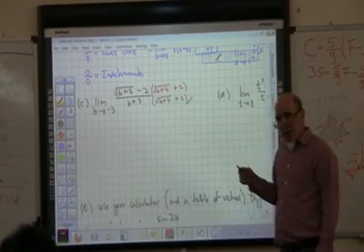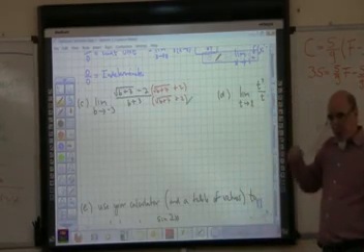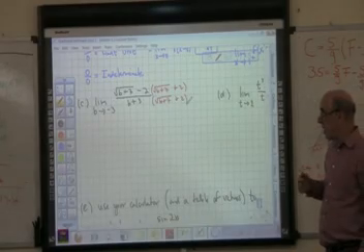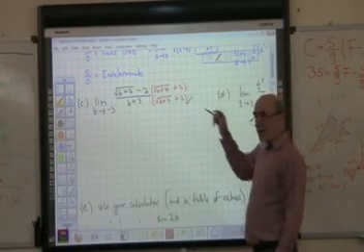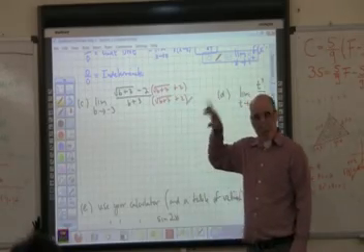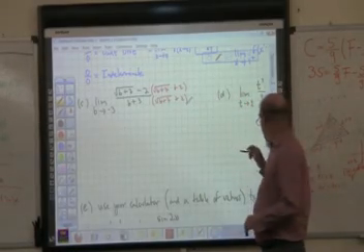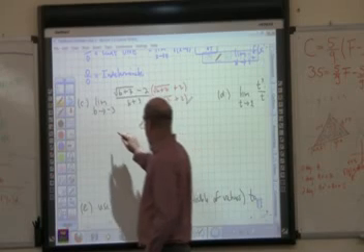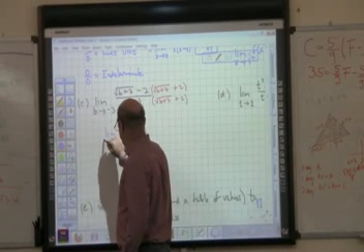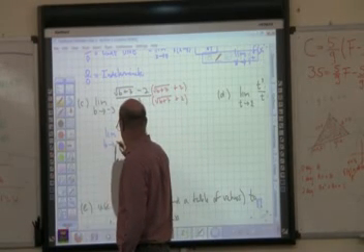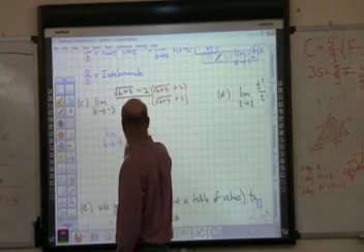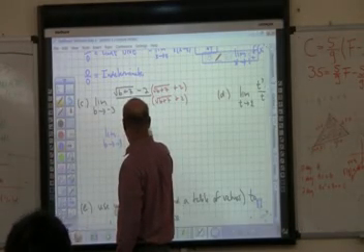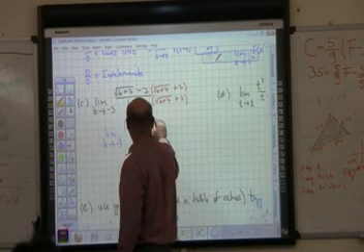If I get something over 0, some non-zero over 0, I'm done. But I got 0 over 0. So I get this a minus b times a plus b. So my numerator, I'm going to write it highlighting what's really happening with it: b plus 7 minus 4.